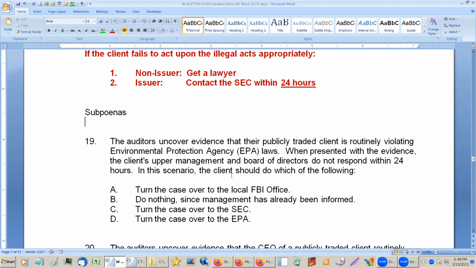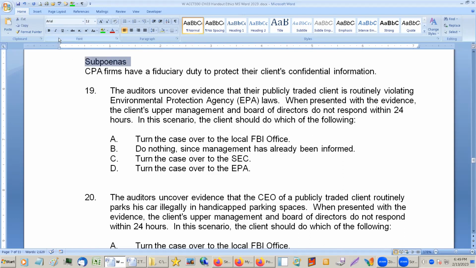Subpoenas. Okay, CPA firms have a fiduciary duty to protect their clients' confidential information.